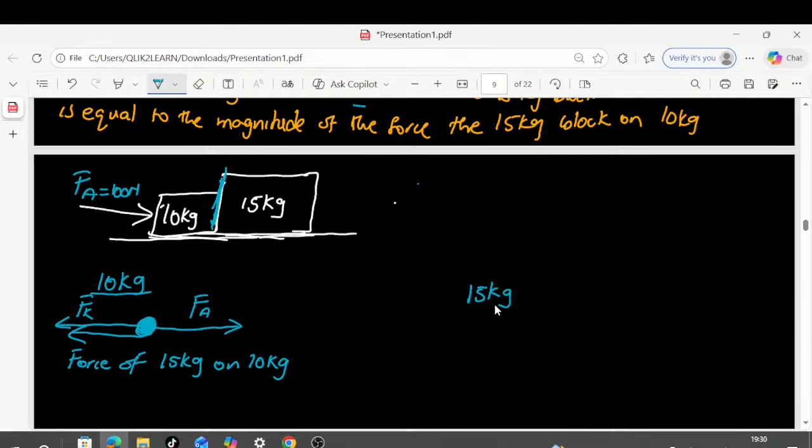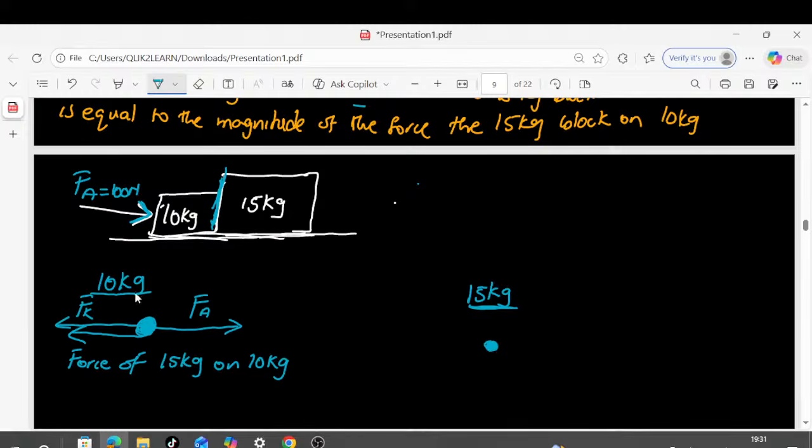Look at this. For the 15 kg block, guys, don't make a mistake. We don't have an applied force on the 15 kg block. The applied force is only applied to the 10 kg block. Someone will say the applied force is on the 15. That's wrong. Please make sure that you pay attention to that.